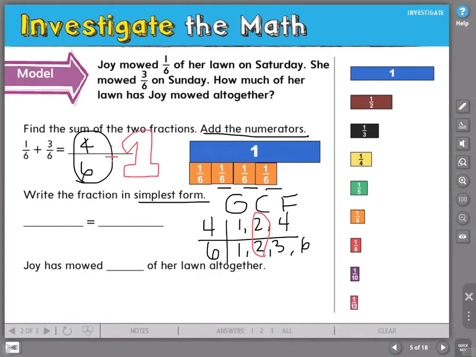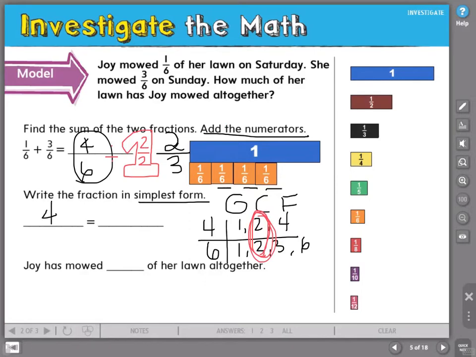And inside my big 1, I'm going to have my GCF, 2 over 2. Now, when I divide 4 by 2, I get 2. When I divide 6 by 2, I get 3.